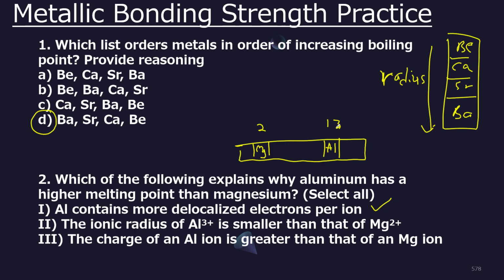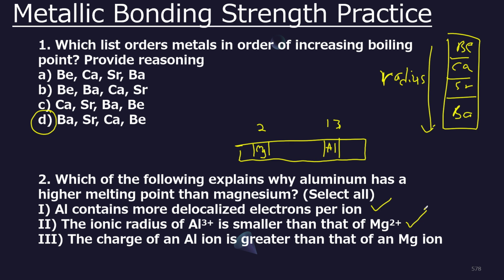The ionic radius of aluminum 3+ is smaller than that of Mg2+. That is also true. I don't know if I've really discussed this too much in my lessons, but going left to right across the periodic table, radiuses will decrease. You have higher nuclear charge pulling in electrons more strongly. So smaller radius there.